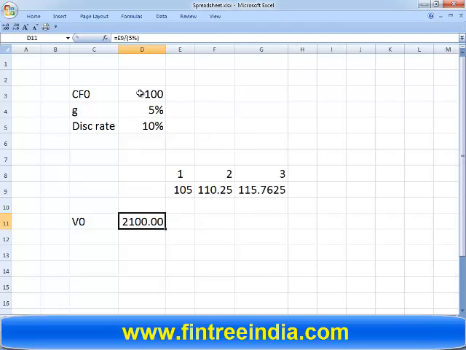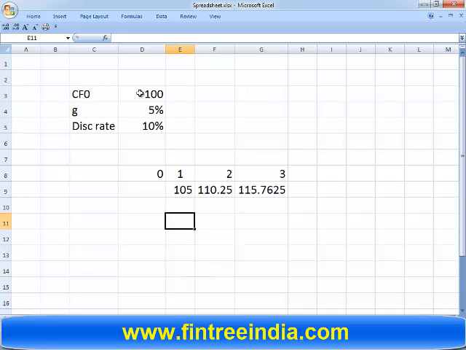So what it has done is, it has taken the present value of all the future cash flows that I will have till perpetuity. Okay, if you want to cross check this, if this is the logic, that value of stock at time 0 is coming out to be 2100, then how much would be the value of stock at time 1? For example, I decide not to value it at time 0. Okay, so I decide that I want to value the stock at time, let's say, 1.